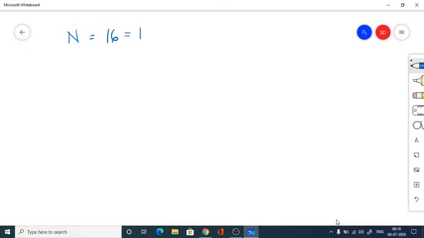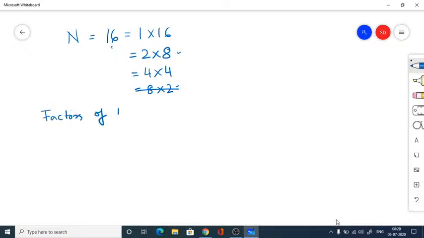How will you get 16? 1 into 16 is 16. 2 into 8 is 16. Then 4 into 4 is 16. Then 5 is not a factor, 6 is not a factor, 7 is not a factor, again 8 into 2. So you see, this pair and this pair is the same, so we don't have any new factors. This is all that we have. So what are the factors of 16? 1, 2, 4, 8, 16.